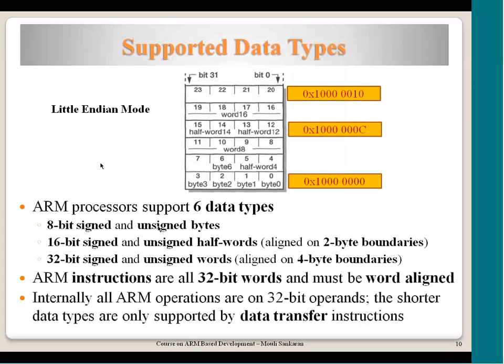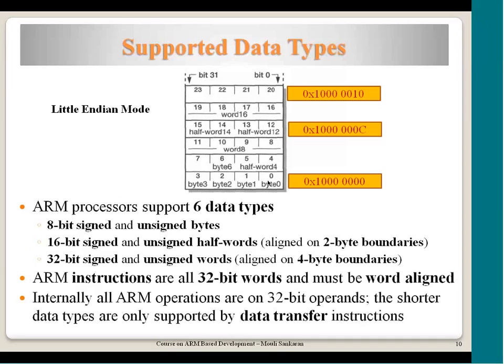What happens if an unsigned byte is read? It will be extended by zeros, so the byte value will remain the same. So how does the processor know whether it is reading a signed value or unsigned value from the memory? The processor does not know. Only the programmer who has stored the values in the memory knows whether he or she is storing a signed or unsigned value.